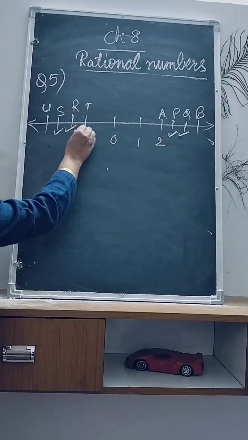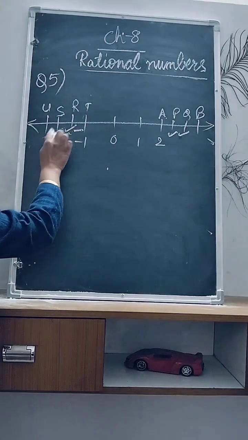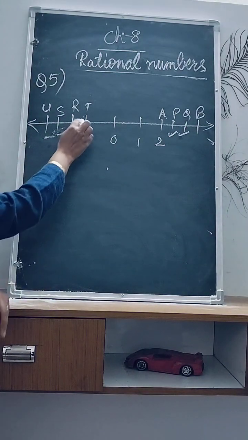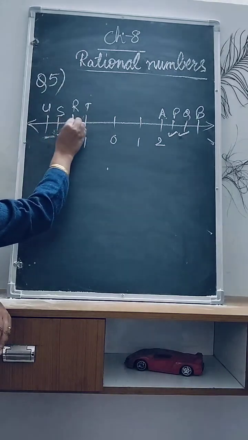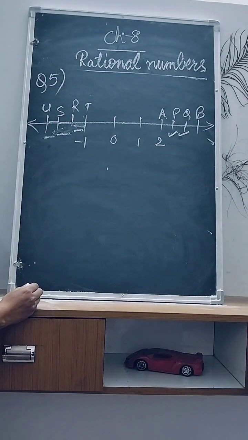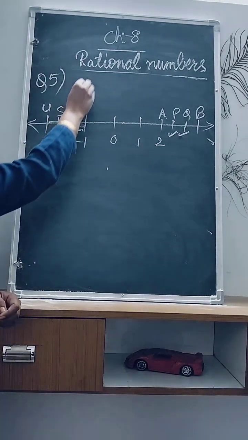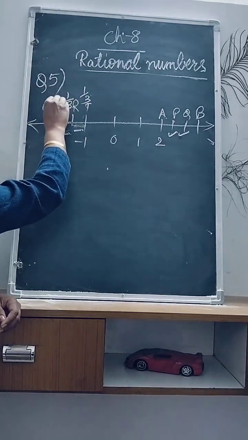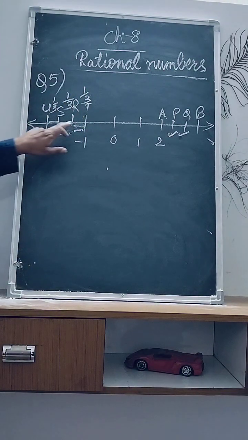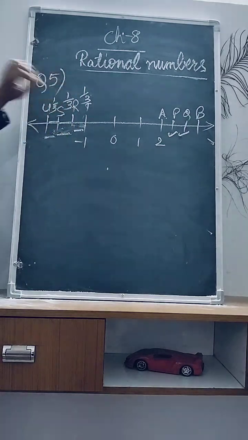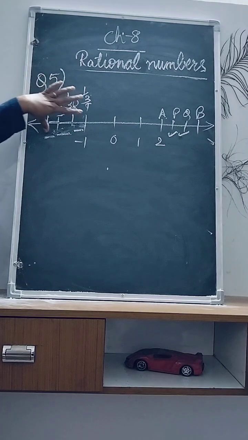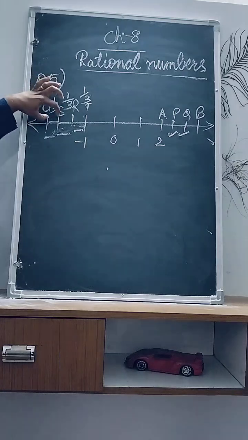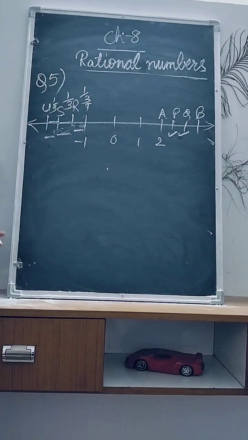If you see 1, 2, 3, it means each part is representing 1 by 3. Each part is 1 by 3 of this whole, and this is also 1 by 3 of this whole, this fraction or this rational number.